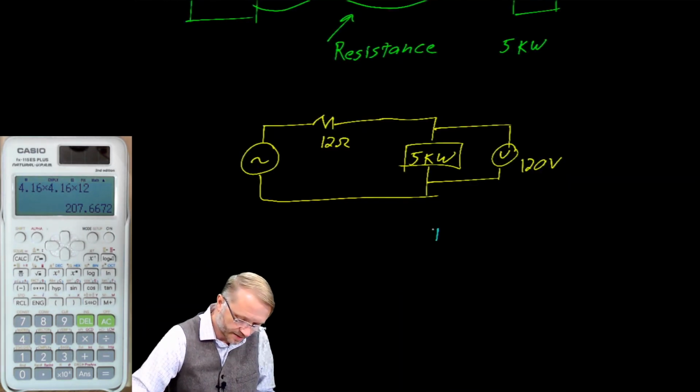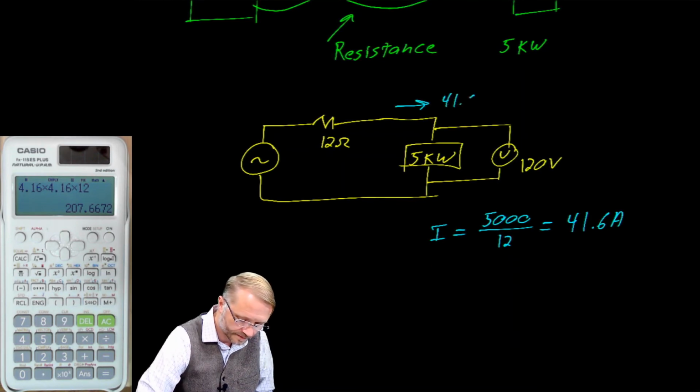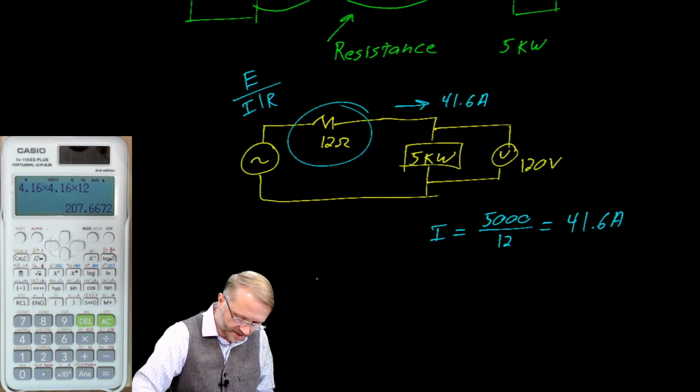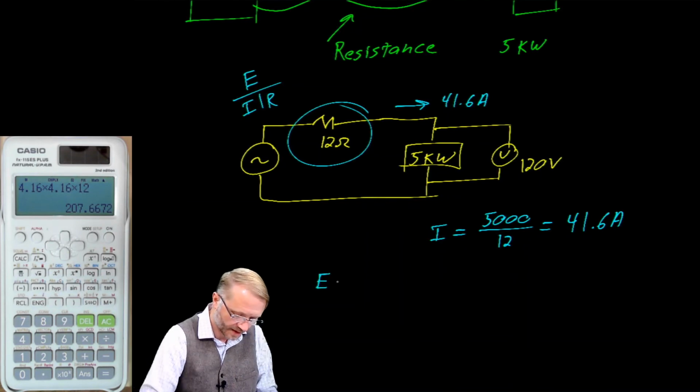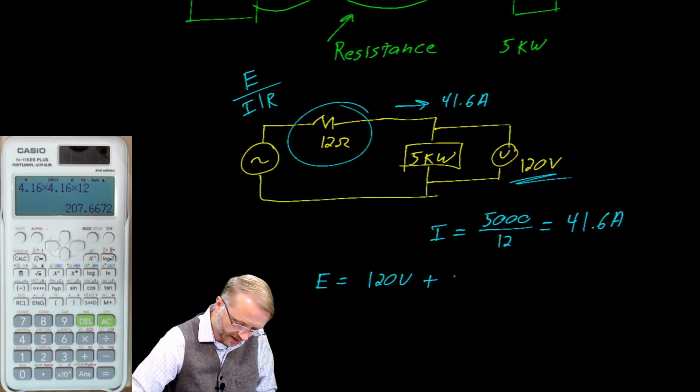Our current hasn't changed. Our current is still power divided by voltage, which I believe was 41.6 amps. But now watch what happens here. If we use Ohm's law, we say that the voltage is going to be 120 volts, because we need 120 volts out here, plus the voltage drop in that resistor, which would be the current, 41.6, times our resistance, 12.